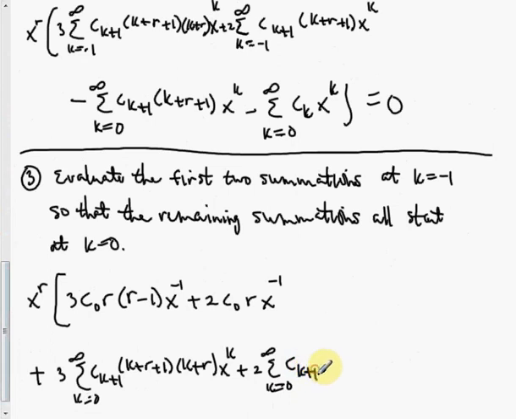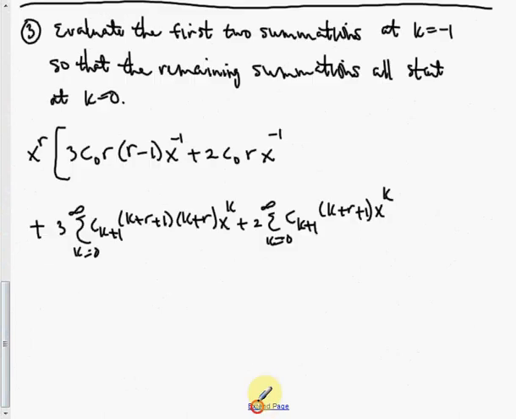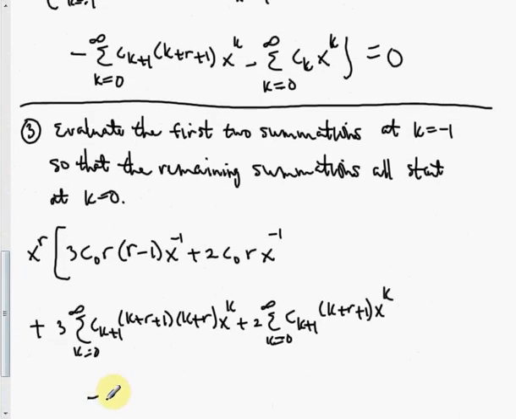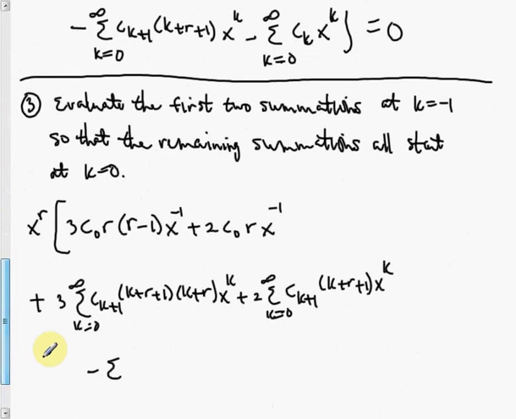C sub k plus 1 times k plus r plus 1 times x to the k. Then that's minus this summation as k goes from 0 to infinity.